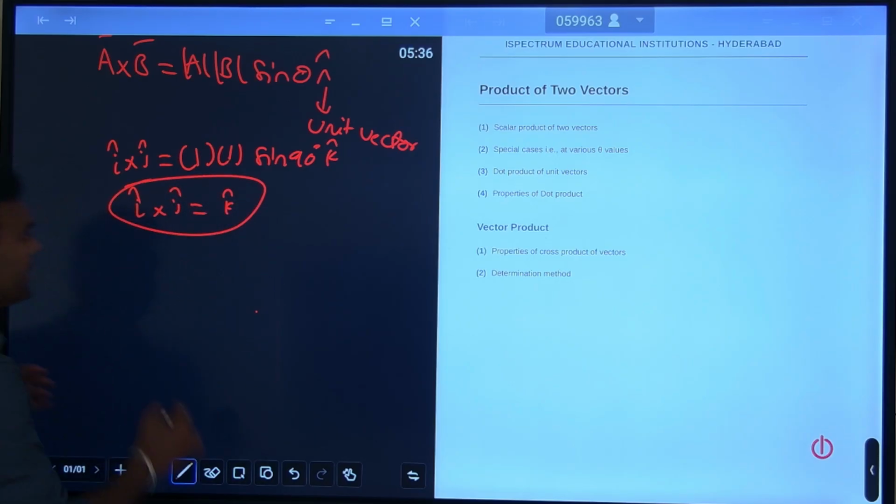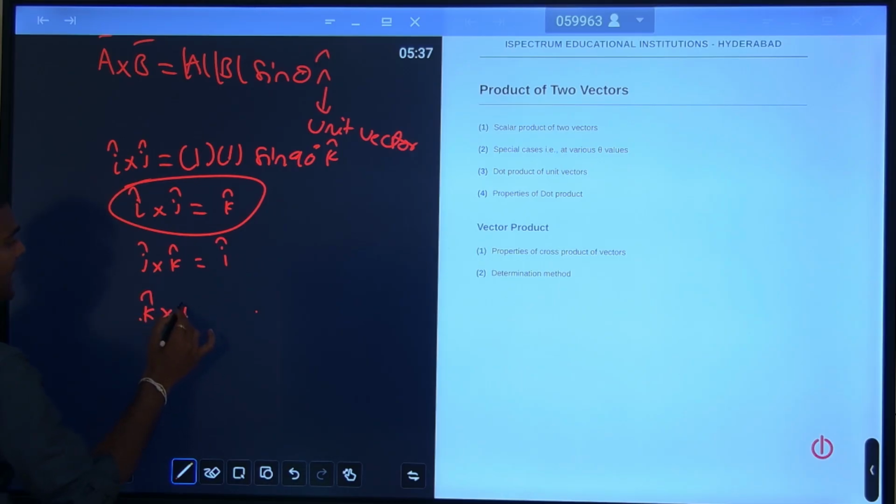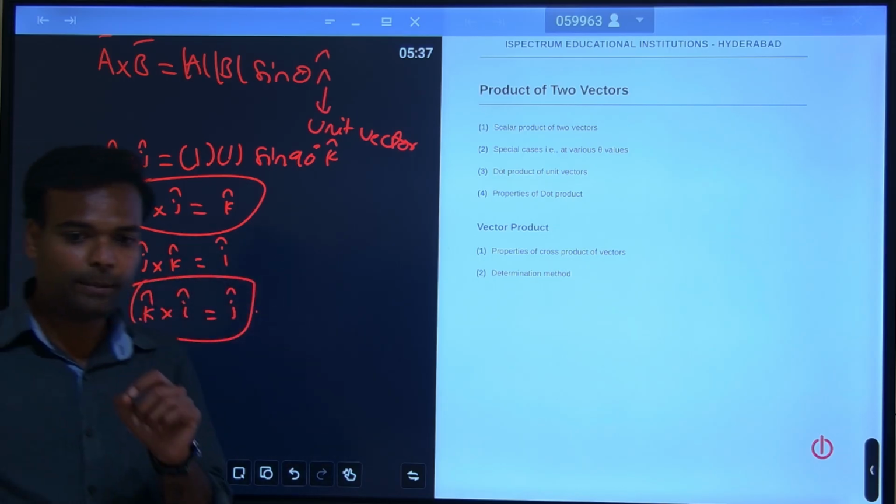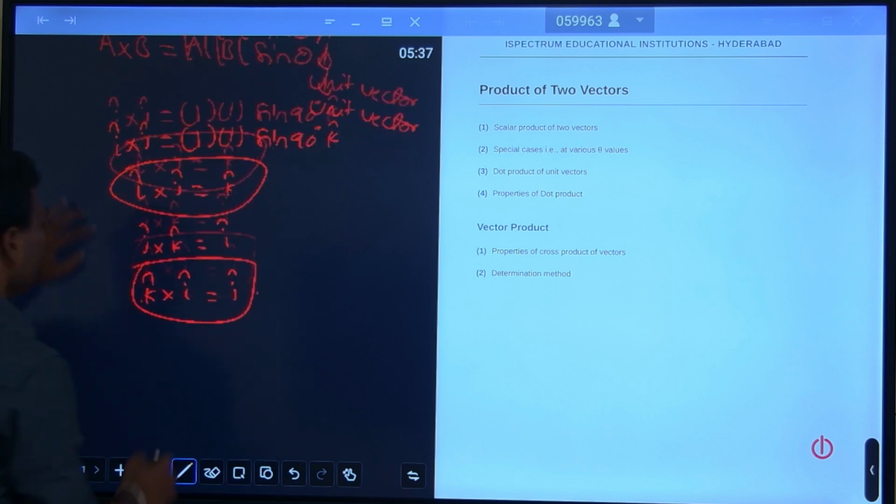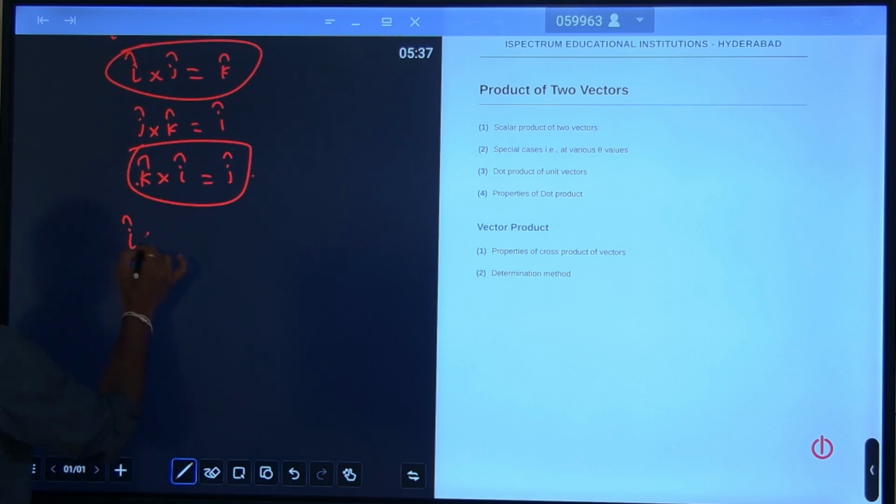Therefore, i cross j is equal to k cap. Similarly, j cross k is equal to i. Similarly, k cross i is equal to j. And here we must note one point: i cross j is giving us k as the answer.